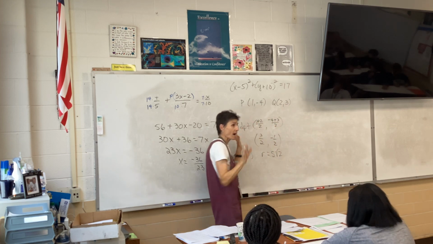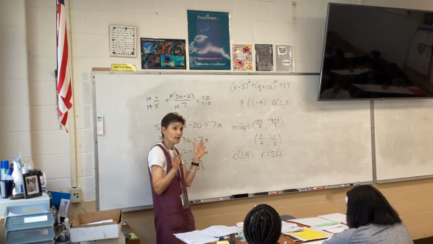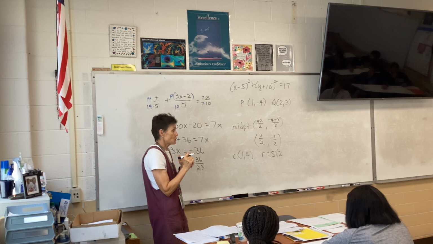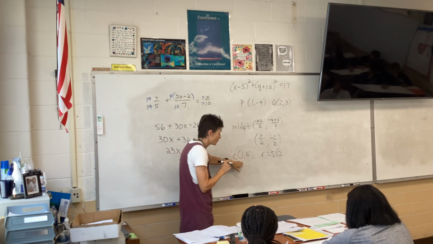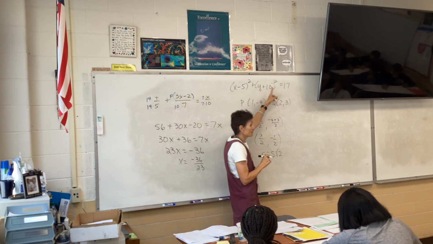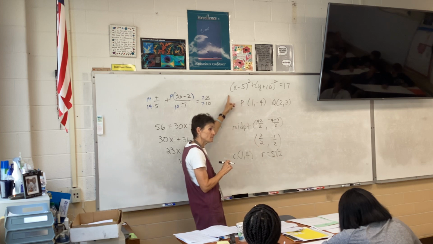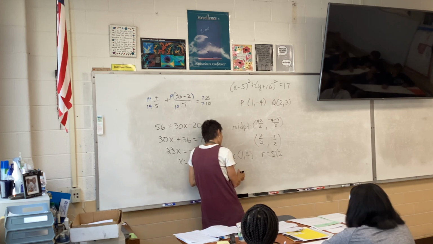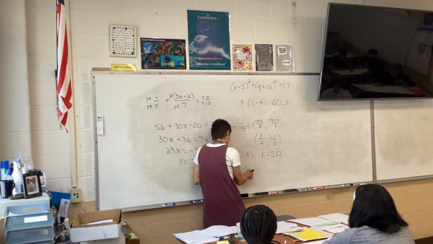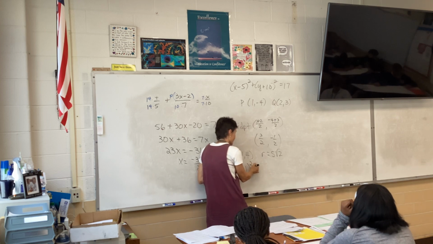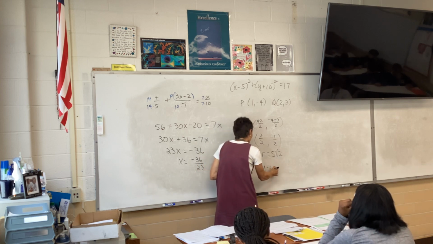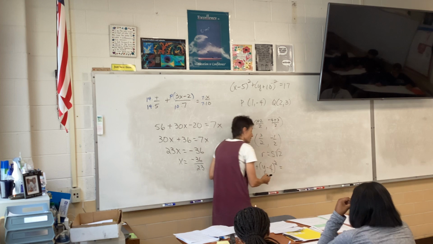Remember, that's the style of a circle. That's what they look like. So if we know the center, can we build this part of our equation? Yeah. What will it be? X minus 1 squared. Y minus 4 squared.